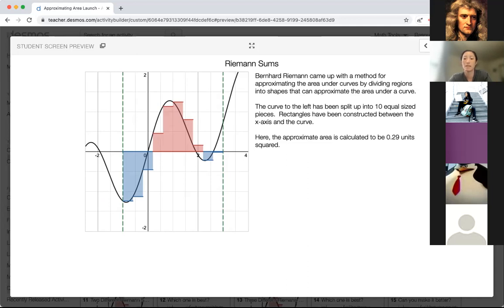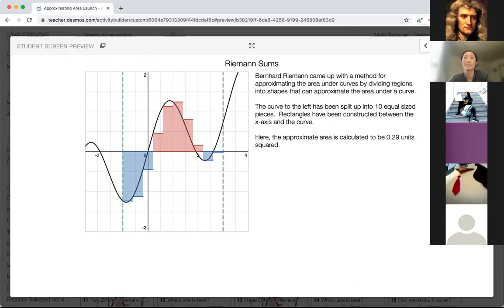Okay. So when you hear that name, Riemann sums, we're thinking that is the same concept as LRAM or RRAM, okay, where we divide the x-axis into a lot of equally sized rectangles.